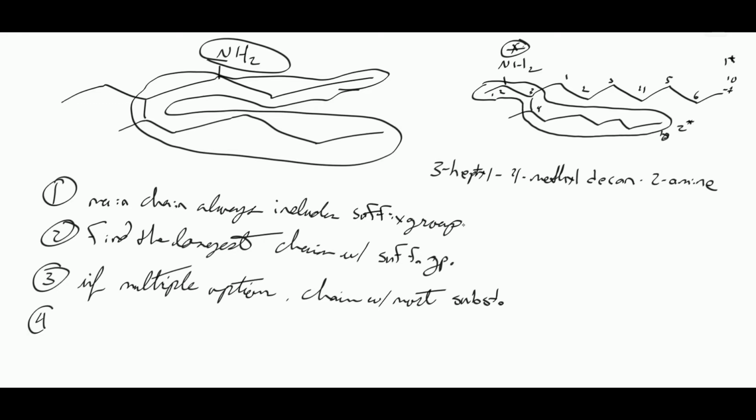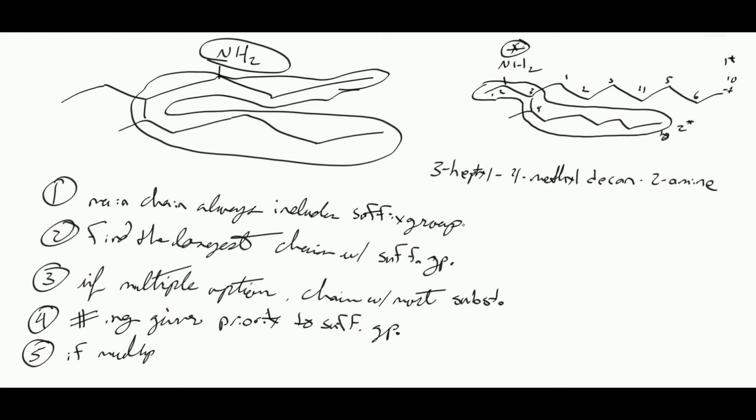And finally, numbering gives priority to suffix group. So you want the suffix group to have the lowest possible number. And again, if multiple numbering options, first difference.